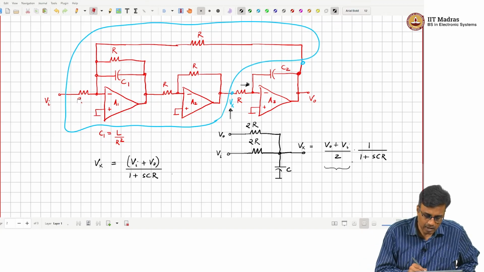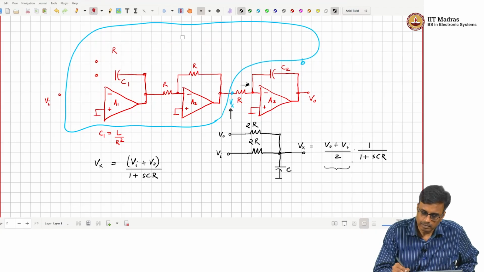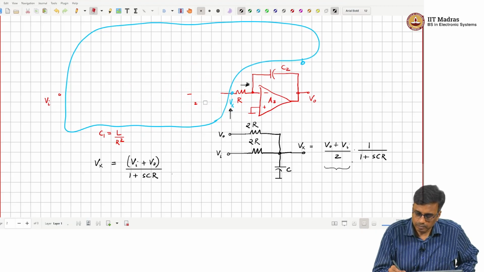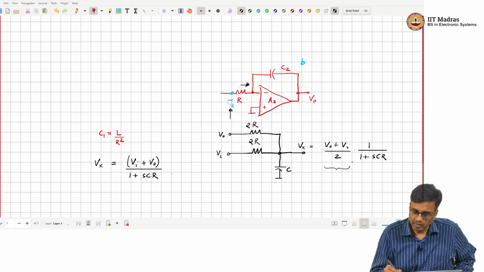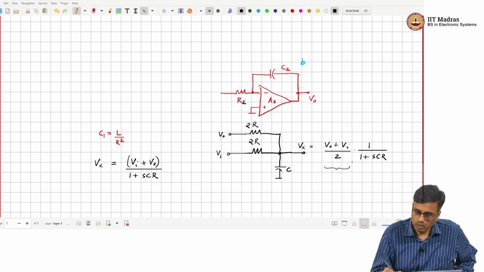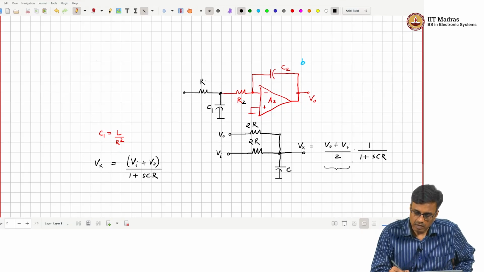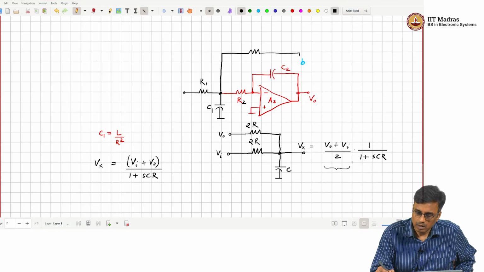So that is the idea behind this structure, where all these extra op amps are replaced by just simply, I will call this R2, this is C1, this is R1, this is R1.